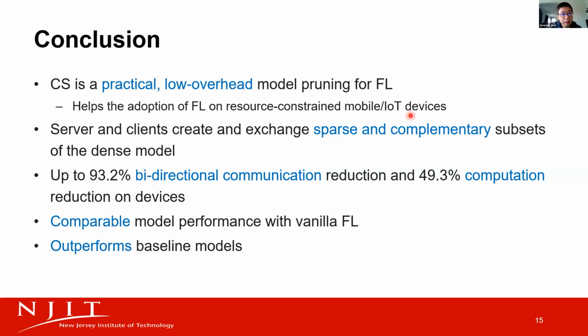In this process, the server and the clients create and exchange sparse and complementary subsets of the dense models, and we achieve up to 93% bidirectional communication overhead reduction, and about 49% computation overhead reduction on device. We achieve comparable model performance to vanilla federated learning, and we also outperform the baselines.